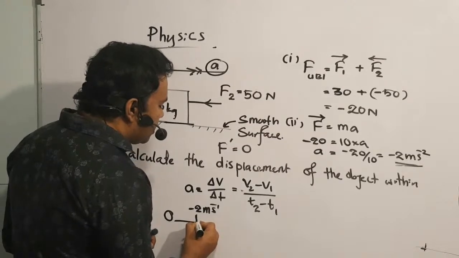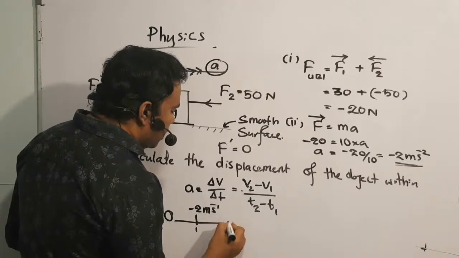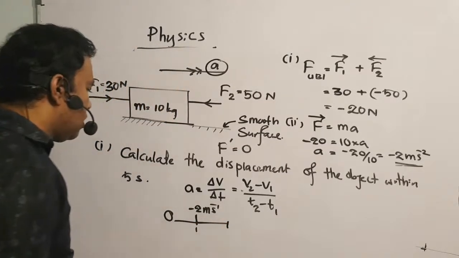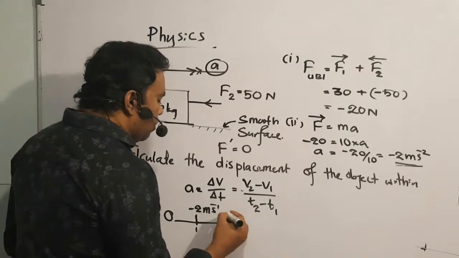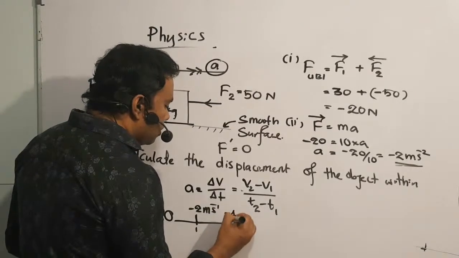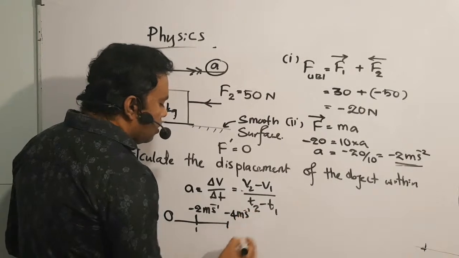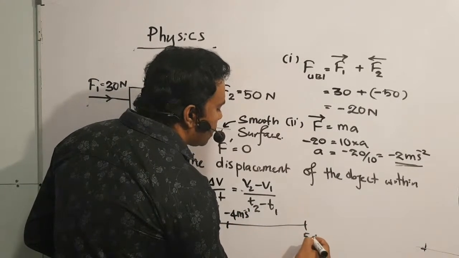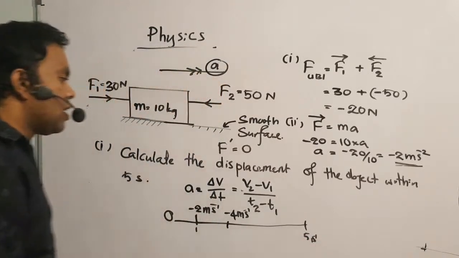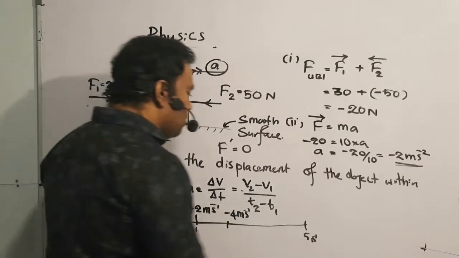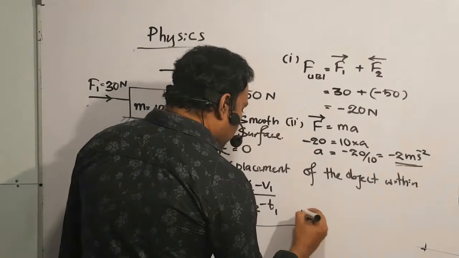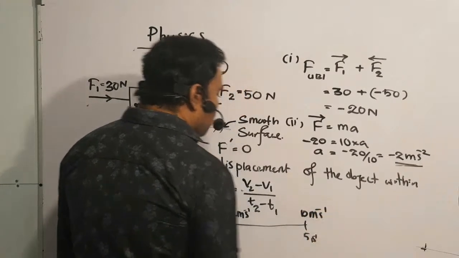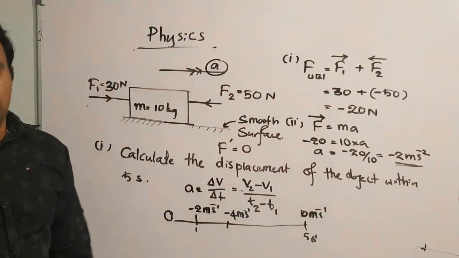The next second, what's its velocity? That's minus 4 meters per second. Likewise, at the fifth second, what is its velocity? That's 10 meters per second.